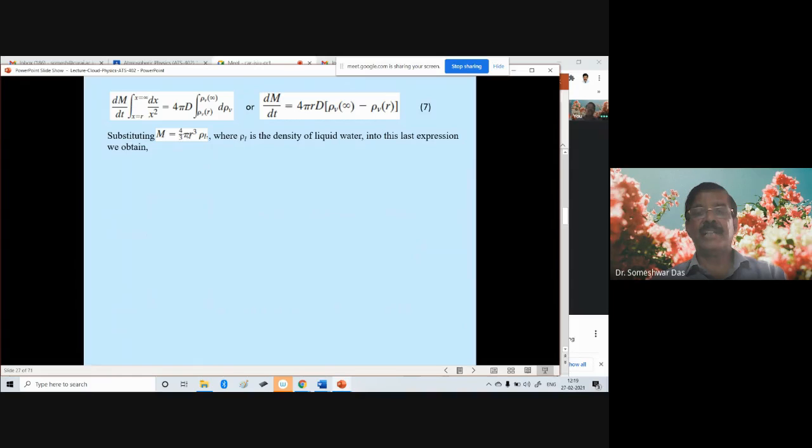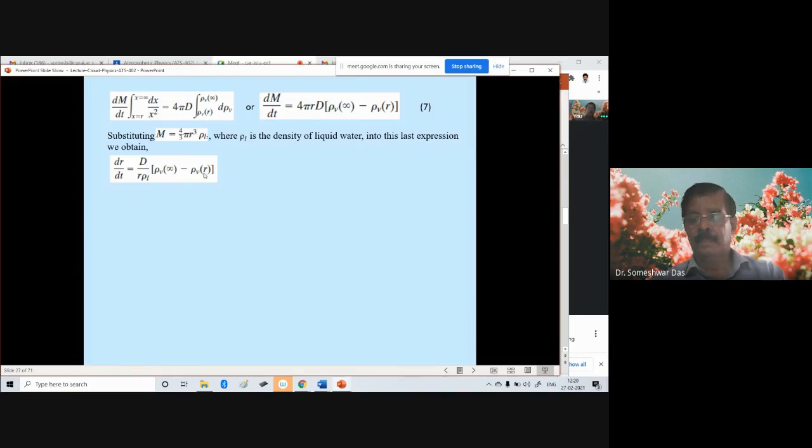We substitute this value of m into the last expression, and we can write dr by dt, the rate of change of radius of the cloud droplet, is equal to D divided by rho L times r, times rho v at infinity minus rho v at r.